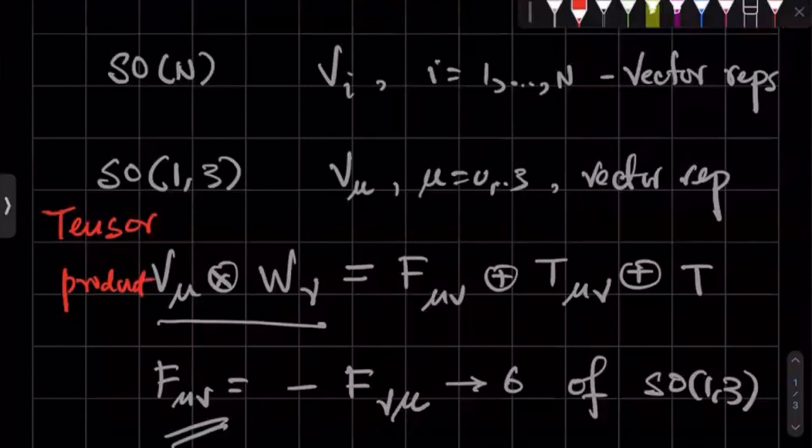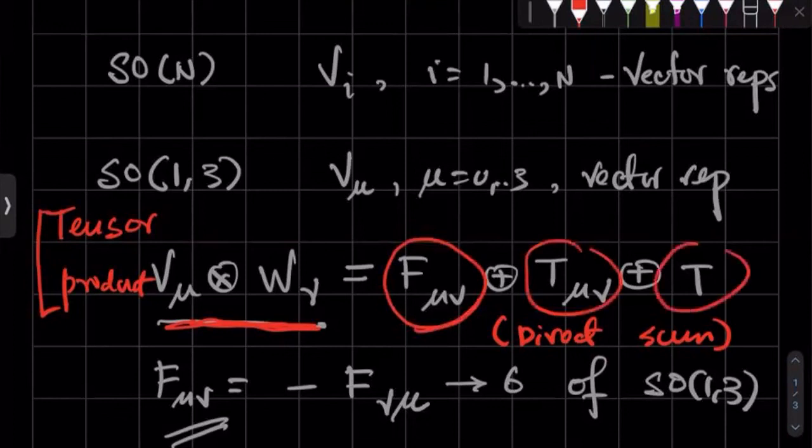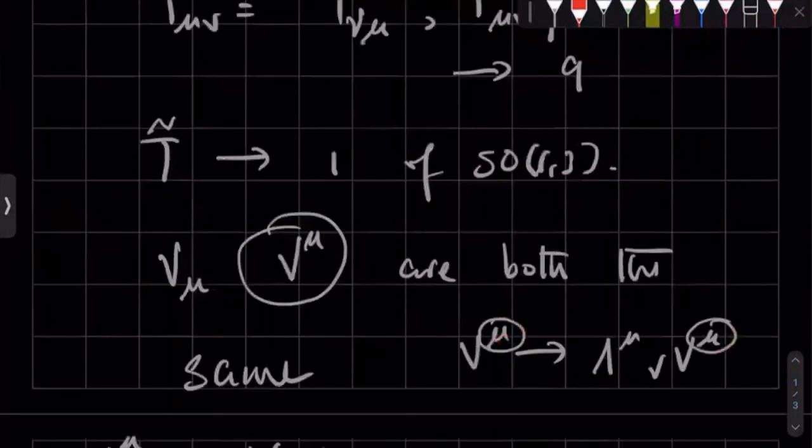And of course, the product is not irreducible, but it decomposes as a direct sum of a bunch of irreducible representations. And the whole game of group theory, when we're talking about application to, say, particle physics, is this: given some product like this, what are these guys? We'll see an example of this today, and you already know examples, which I'll point out.